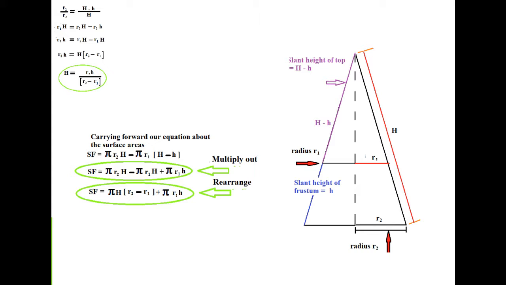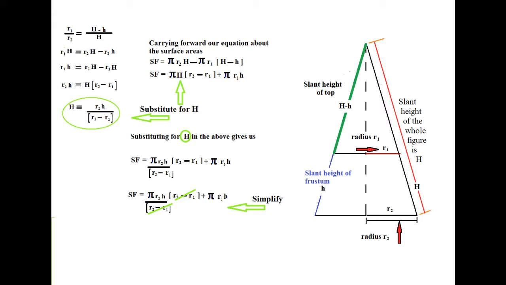Multiplying out the brackets gives pi times R2 times big H minus pi times R1 times big H plus pi times R1 times small h, which can be further rearranged to give pi times big H times in brackets R2 minus R1 plus pi times R1 times small h.